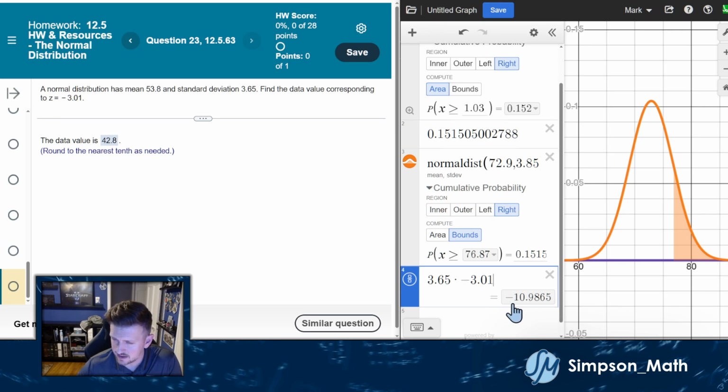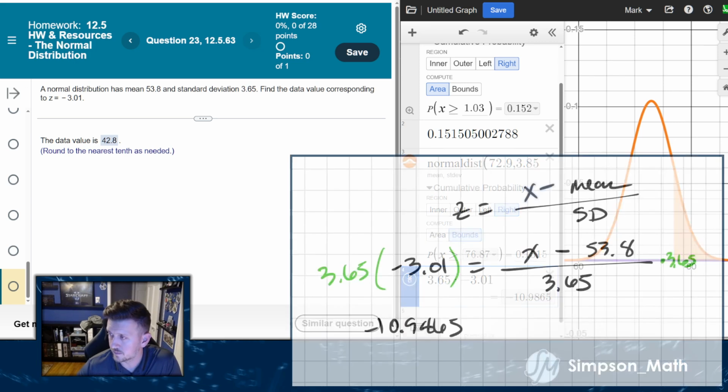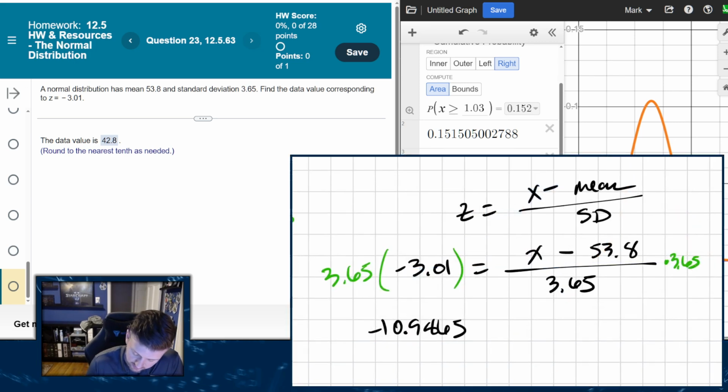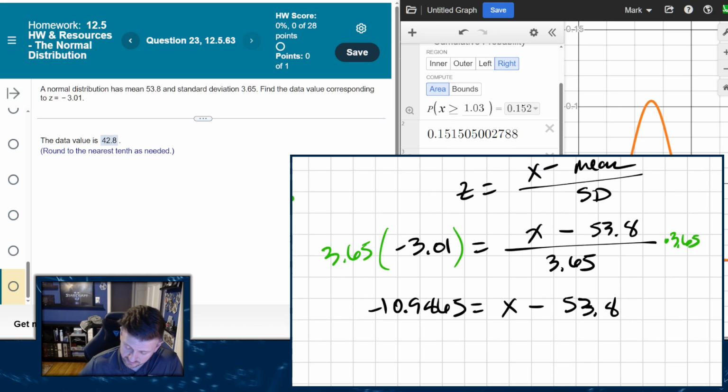So I get negative 10.9865. Let me write this down and then I'll swap it so you can see it. Negative 10.9865, and that's going to equal this numerator over here, x minus 53.8. And then I'm just going to add this 53.8.